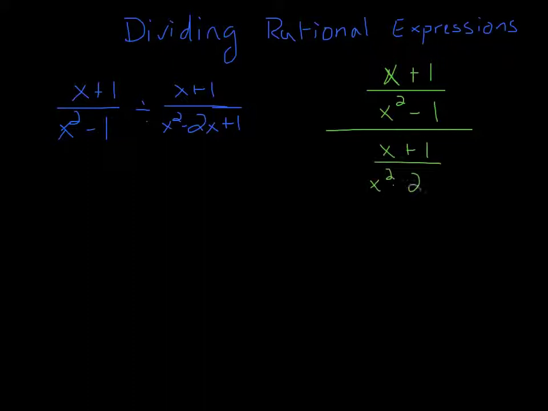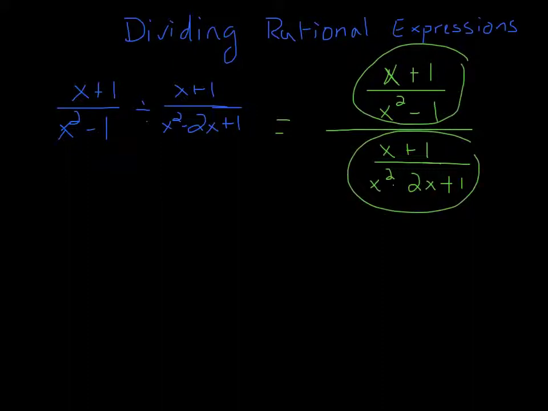It looks like a really crazy looking fraction, right? But basically that's the same thing. It's just written differently. Here's the first part, here's the second part, and a fraction means divide. So don't flip out when you see that kind of thing. Just know that means division, and rewrite it like this guy over here. That's all you've got to do, and then you know what to do from there. So let's take a look.